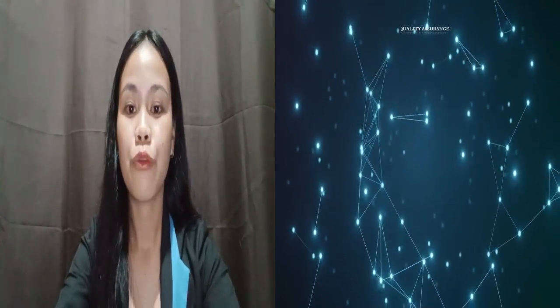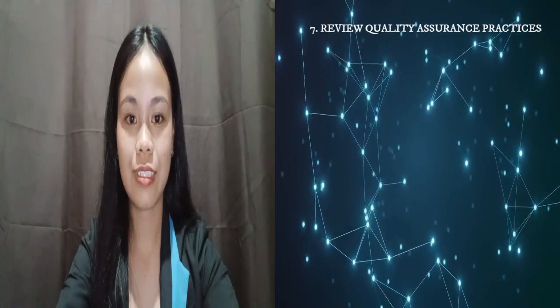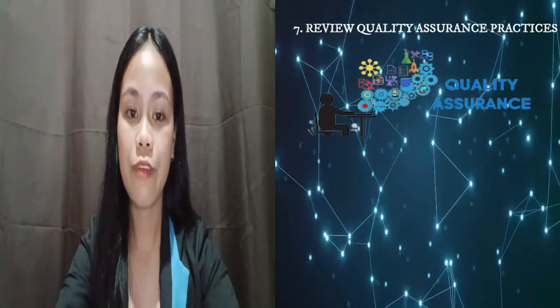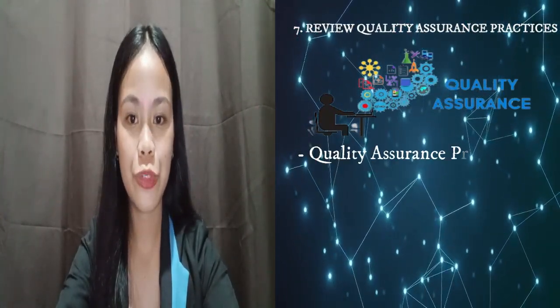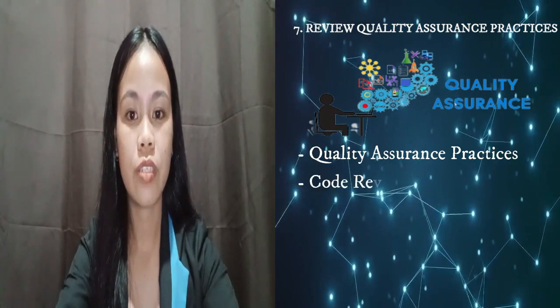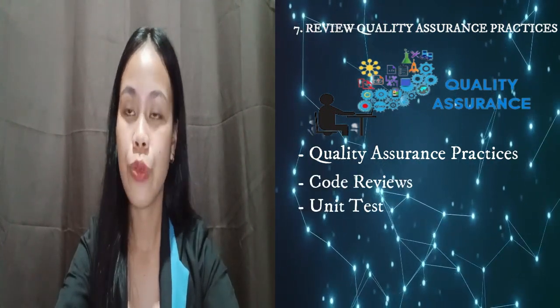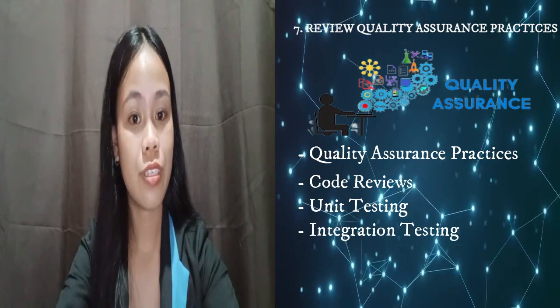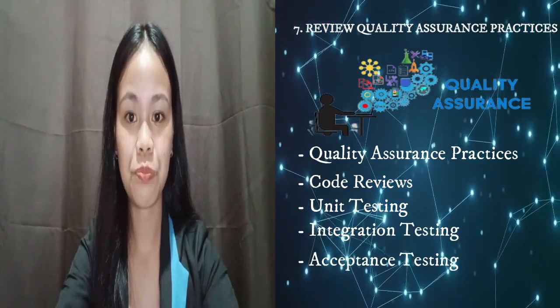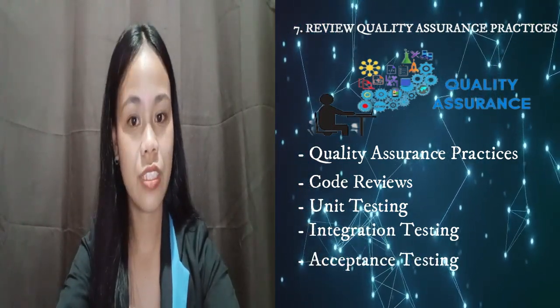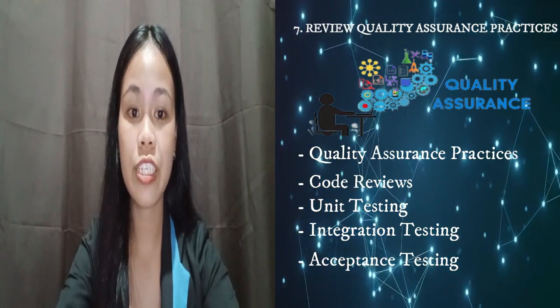Next, review quality assurance practices. Evaluate the effectiveness of quality assurance practices, including code reviews, unit testing, integration testing, and acceptance testing. Assess whether these practices are implemented rigorously, whether they detect defects early in the development life cycle, and whether they contribute to the overall quality of the software.